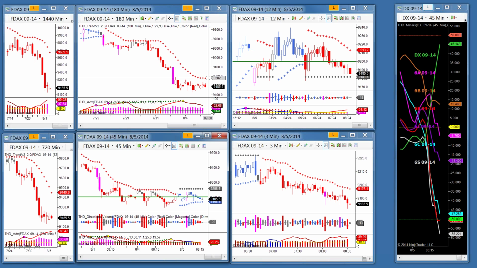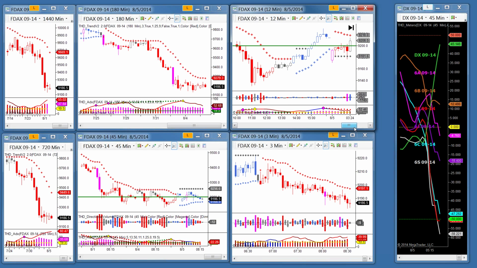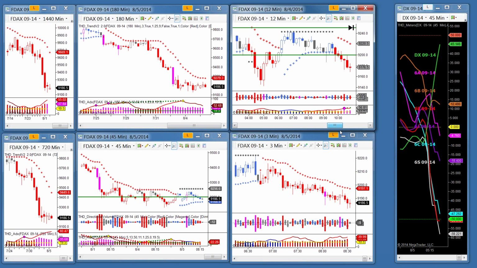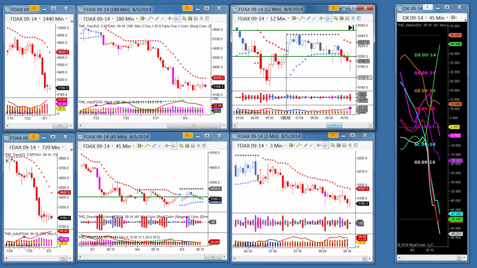And it did not, because on the 12 minute, when it approached the ATR, let me see where it was yesterday. It flipped the ATR, came up here to the congestion dot, then came back to the ATR.